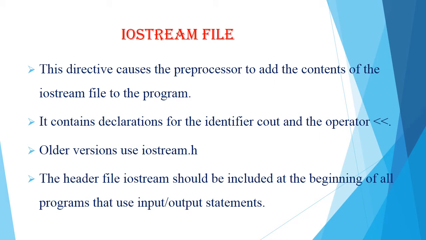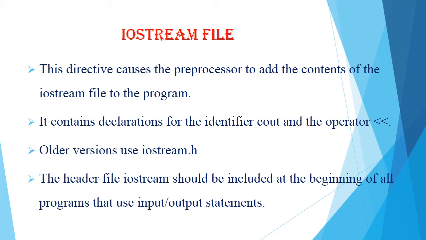Next is the header file, that is the iostream file. The older version of this is iostream.h. Nowadays we are using iostream. It adds the contents of the iostream file to the program, that is input and output streams to the program.